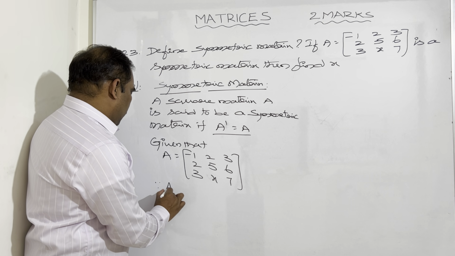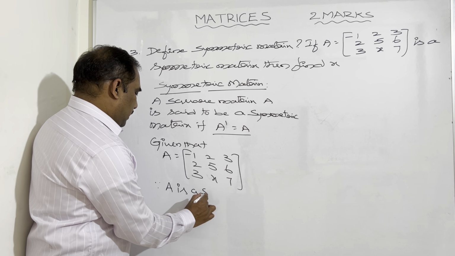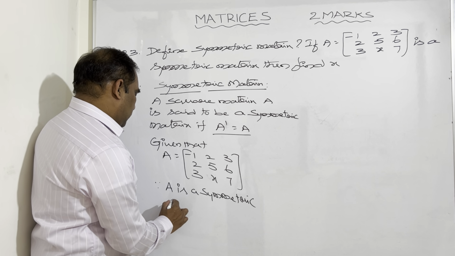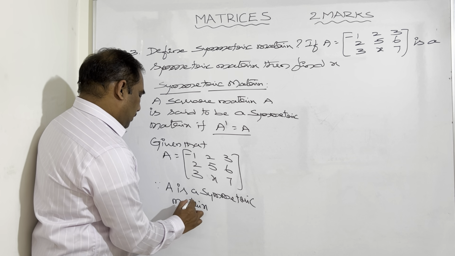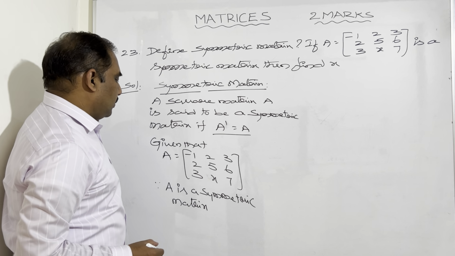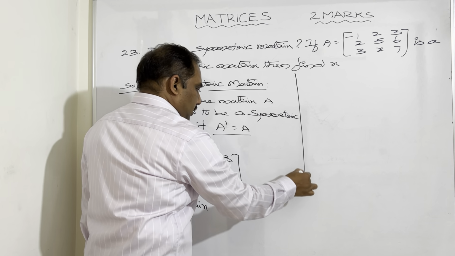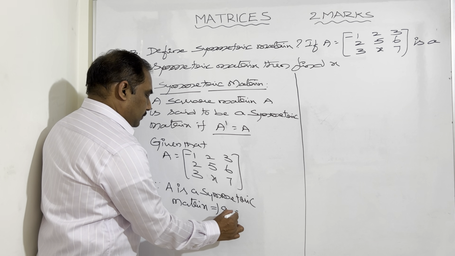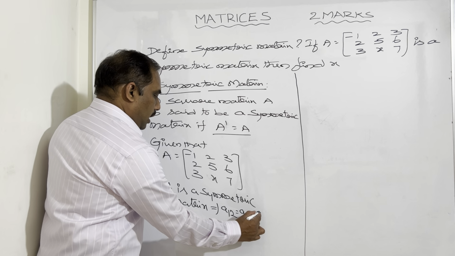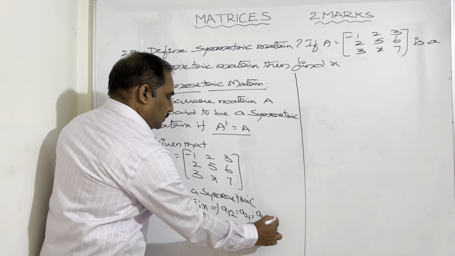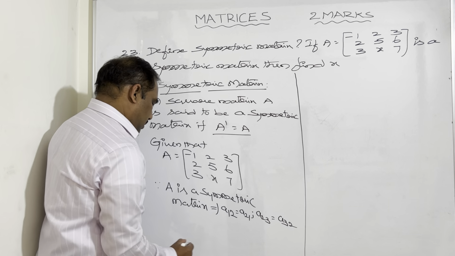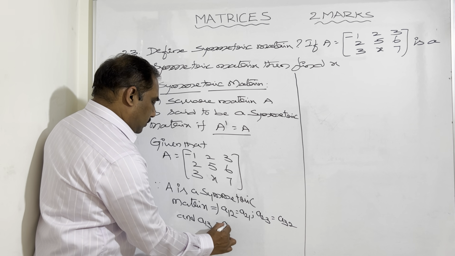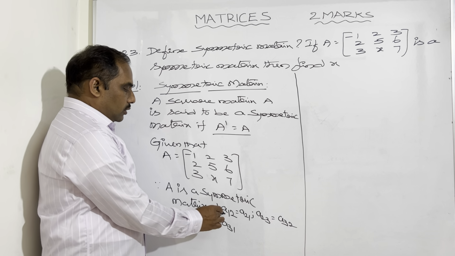Since capital A is a symmetric matrix, the conditions applicable here are: the A12 element is equal to A21, the A23 element is equal to A32, and the A13 element is equal to A31 element.